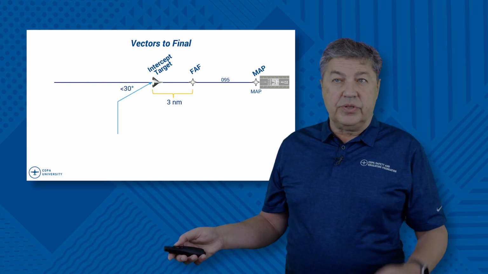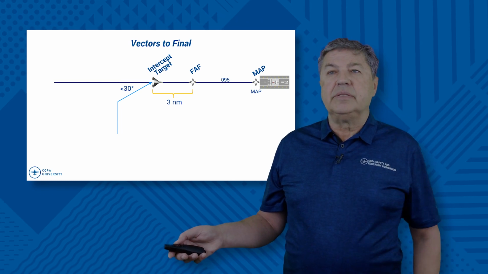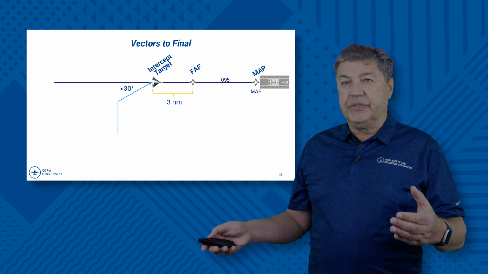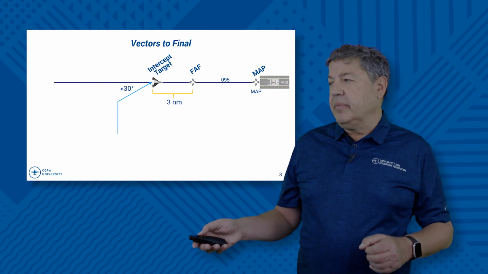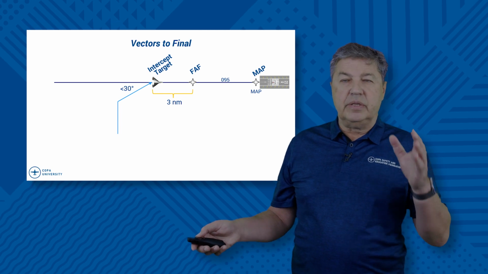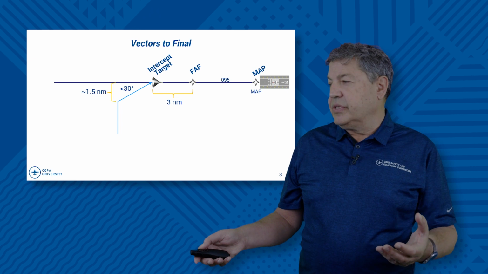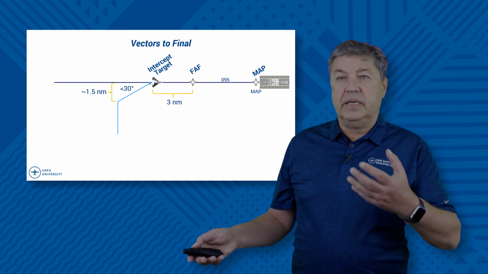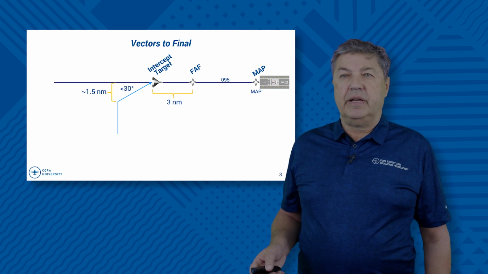And the second constraint is that the intercept angle must not exceed 30 degrees. Now, there are some exceptions to that rule, which I'm not going to be talking about right now, but this is the general idea. Taking into account these two things, you can figure out that you will be getting that clearance when you are about 1.5 miles from the final approach course.